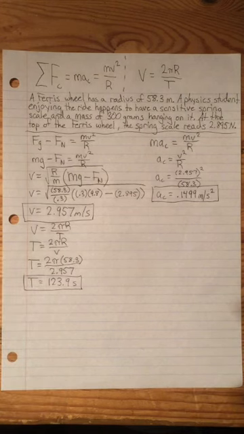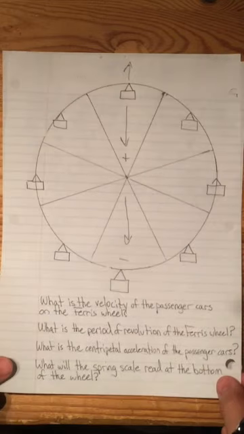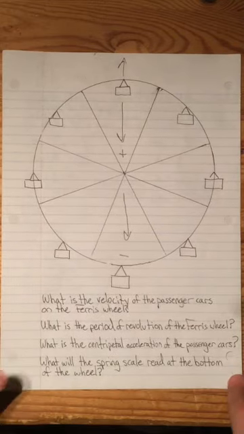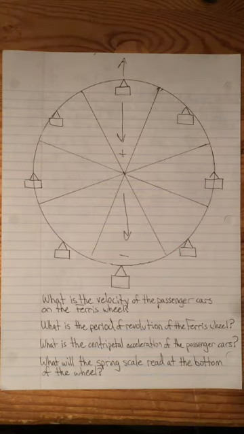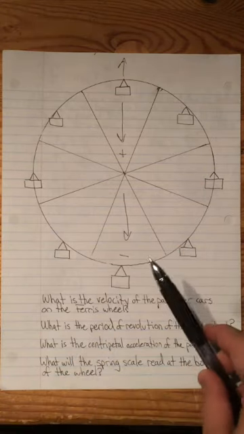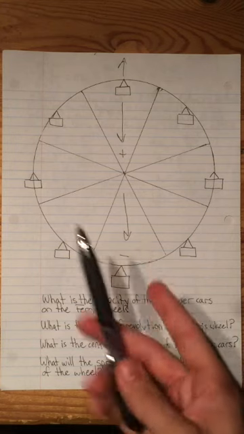And the final question reads, what will the spring scale read at the bottom of the wheel? And looking back at the diagram, our force equation is going to be a little different since we're at the bottom instead of the top. The only difference though is the signs of our forces will be flipped.